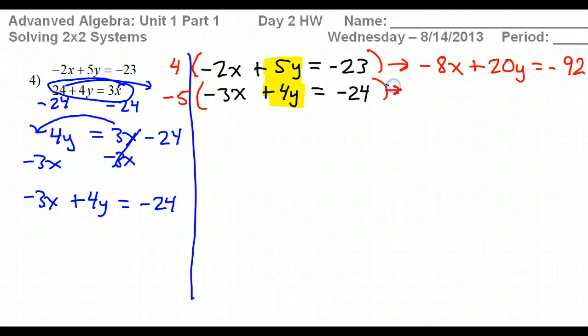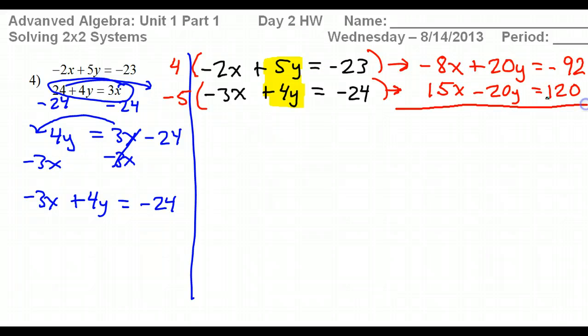Similarly, this equation is going to be positive 15x minus 20y is equal to positive 120. Now, if I combine these like terms, then 15 minus 8 is 7. So this is going to be 7x. These cancel out. And this is going to equal 28.